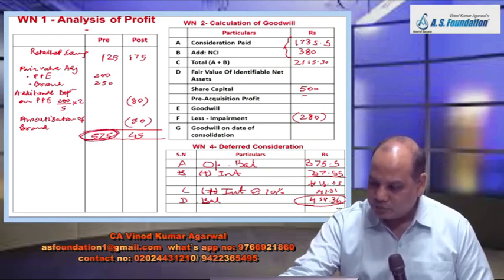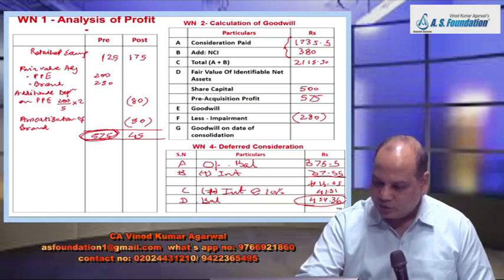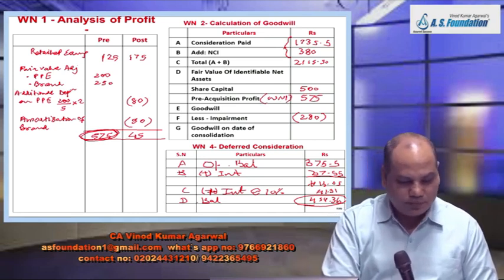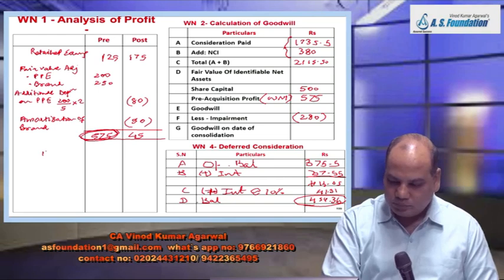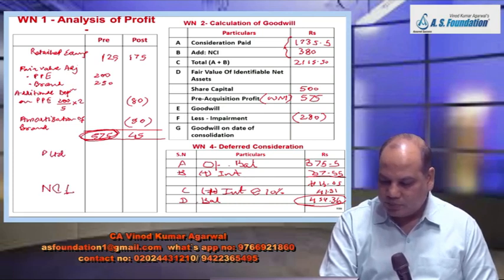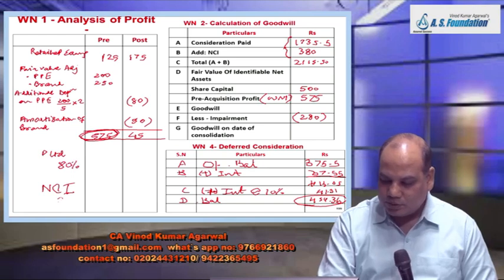575 you transfer to goodwill working note, pre-acquisition profit working note 1. And this 45 is for P Limited and NCI. How much is P Limited's share? 80%.